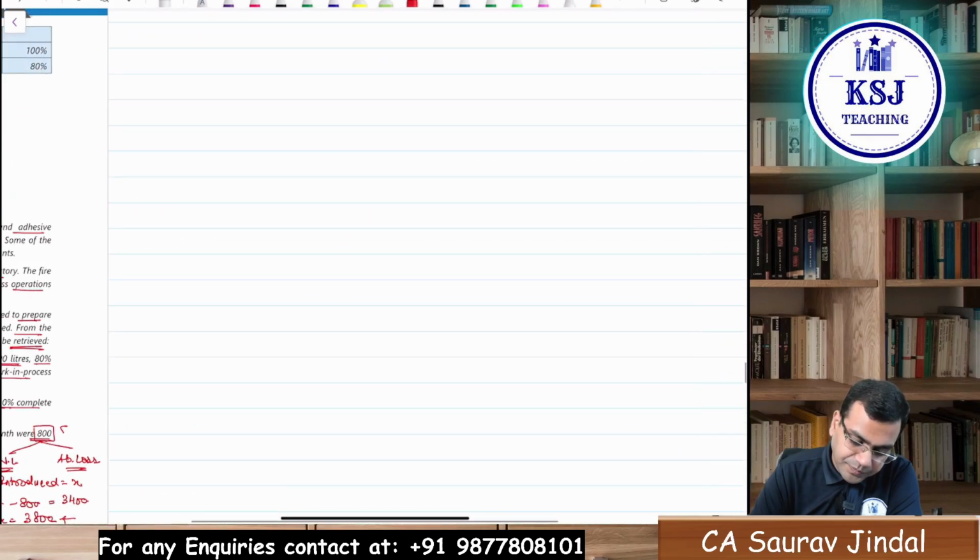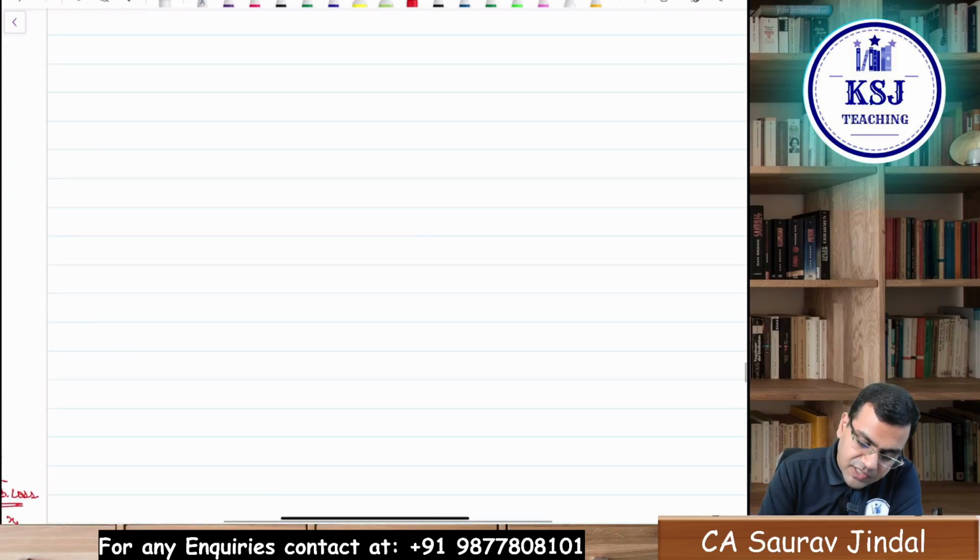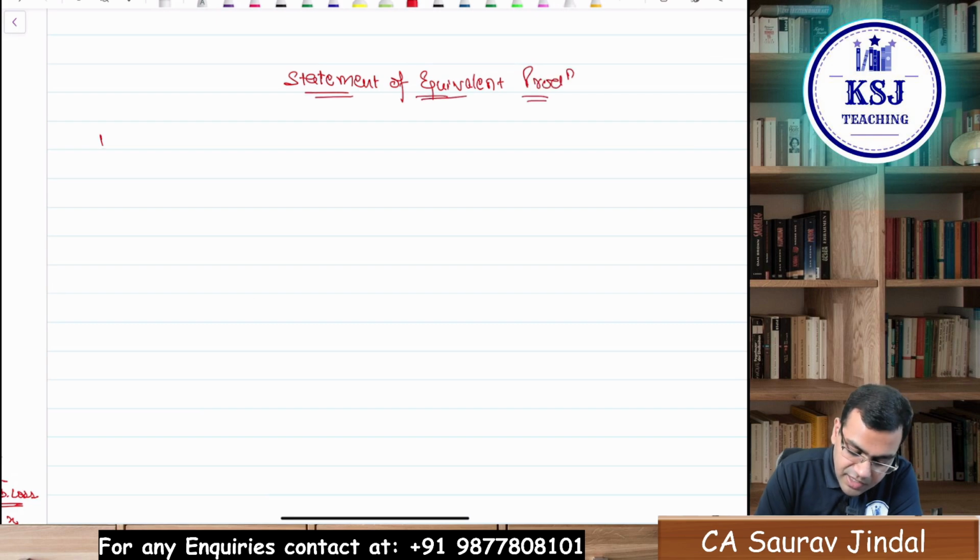Okay, let's do it. So first we'll prepare the statement of equivalent production. For that, how we take input? What is your input? Then we take particulars.